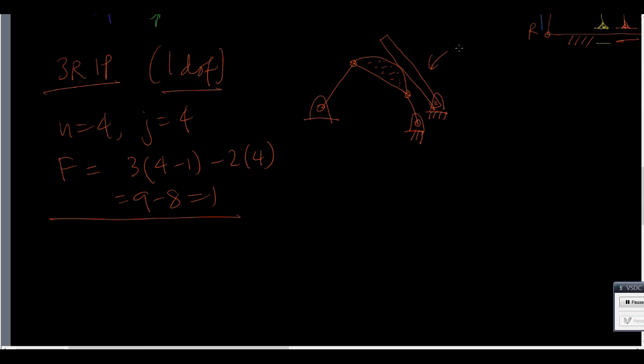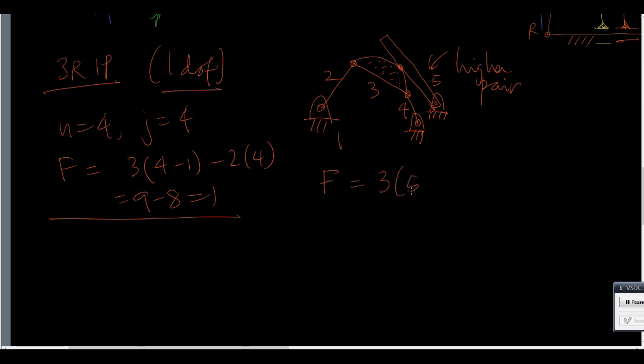So this is a higher pair. What is that contact, right? So now in this one, what are the bodies? How many? So there is 1, 2, 3, 4, and 5, right? So 5 bodies.